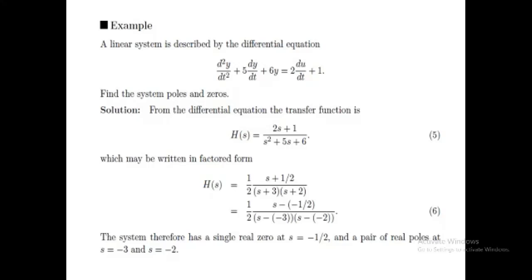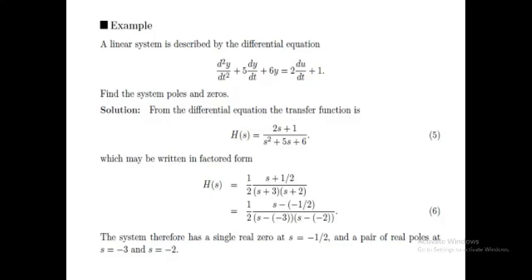Now in the numerator it is 2s plus 1. So instead of 2 we have to make s have the coefficient 1, so divide by 2. Each and every term of the equation is divided by 2.